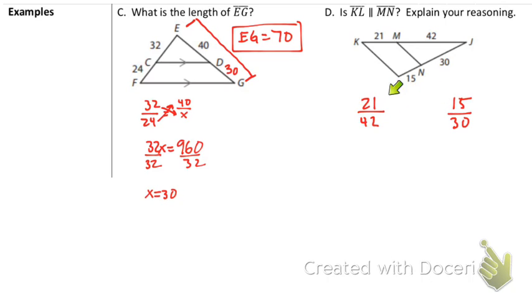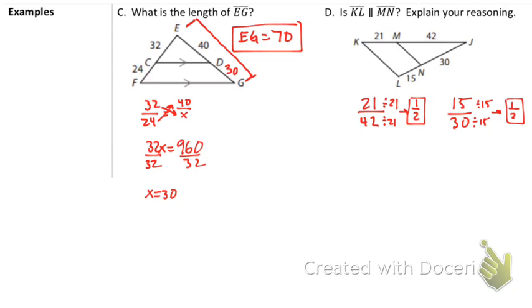So I'm going to reduce both of them to see if they come out to the same fraction. This guy can be reduced by 21, which gives me a fraction of 1 over 2. So the first fraction is 1 over 2. Now I want to reduce the second fraction. I can reduce by 15. And this gives me 1 over 2.